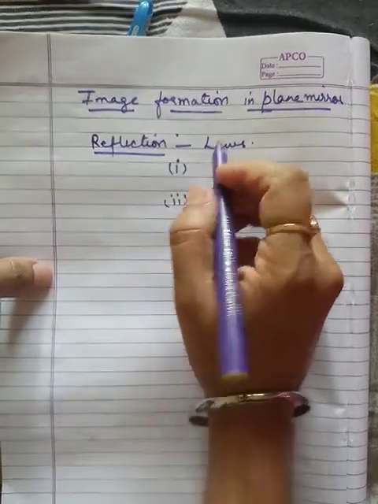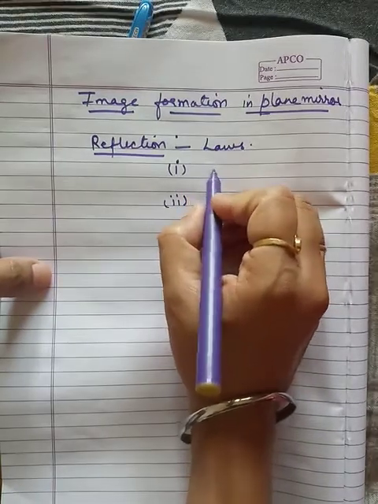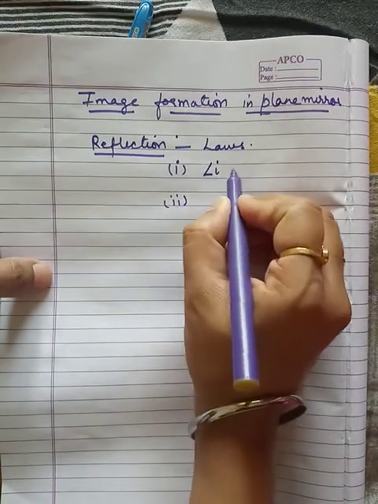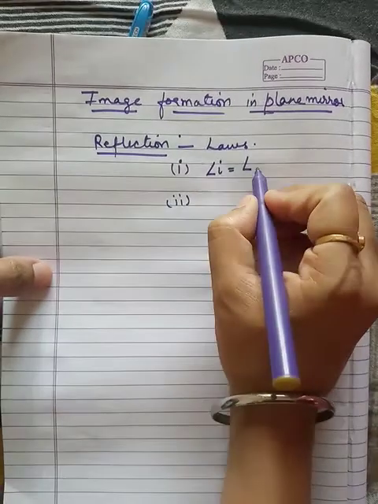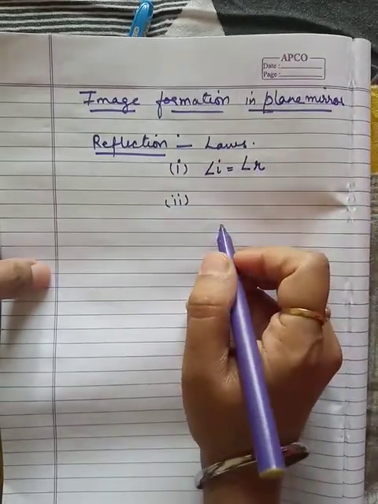In the first part, we say that the angle of incidence, angle I, is always equal to angle R, the angle of reflection.